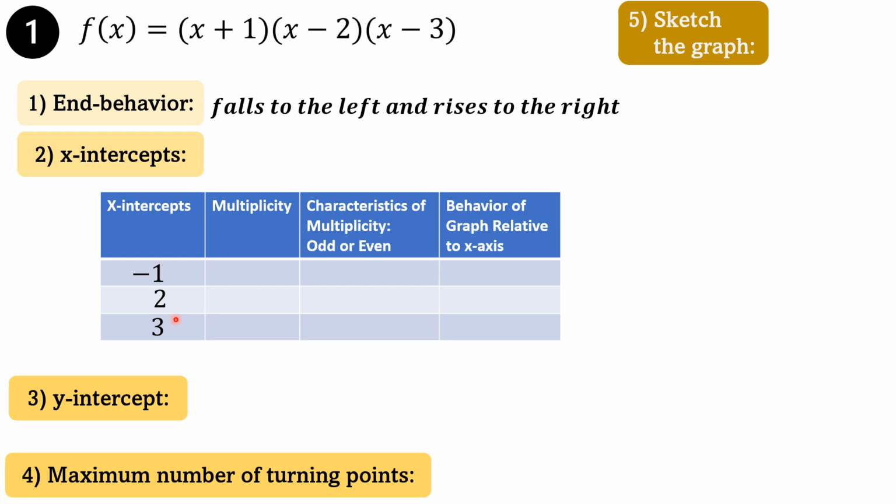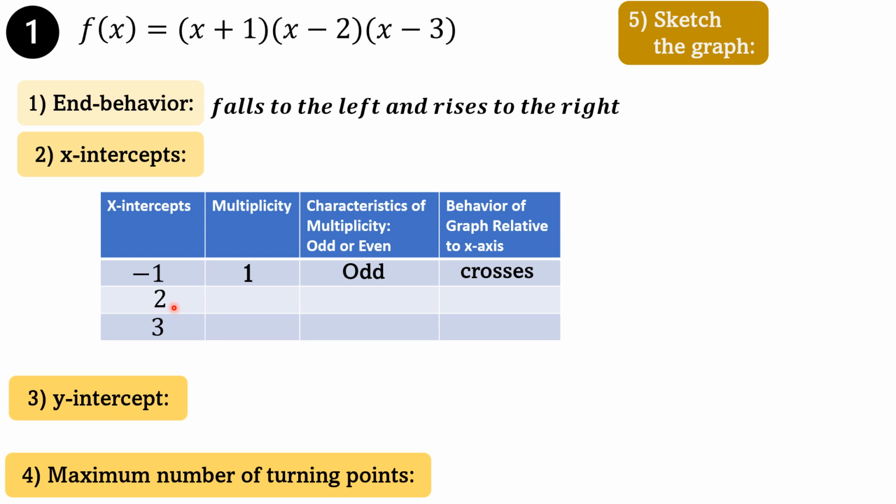Going back to negative 1, its multiplicity is 1. The characteristic of that multiplicity is odd, and the behavior of the graph relative to the x-axis is that it crosses the x-axis.